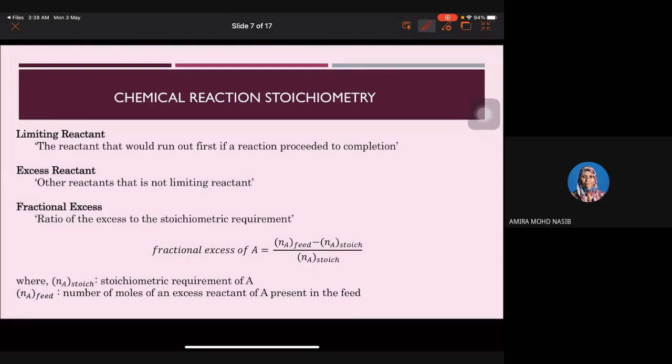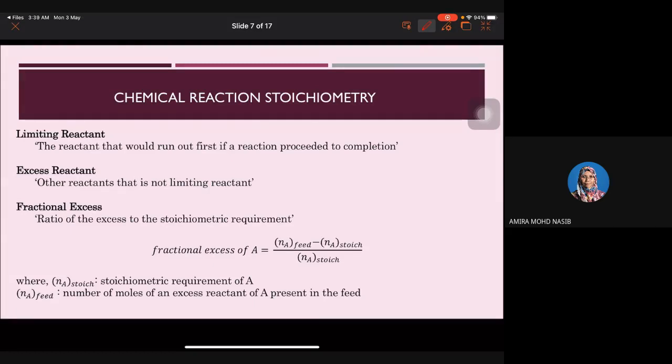Meanwhile, the excess reactant, other than the limiting reactant, is the reactant that has something left at the end of your reaction, that is not being used to complete the reaction because another reactant is already finished.